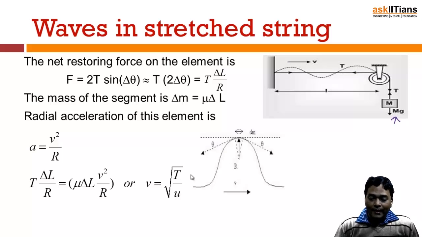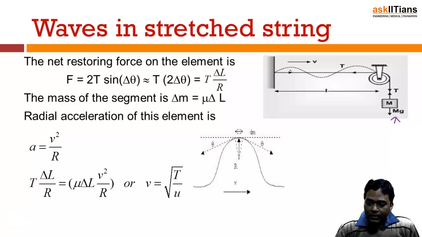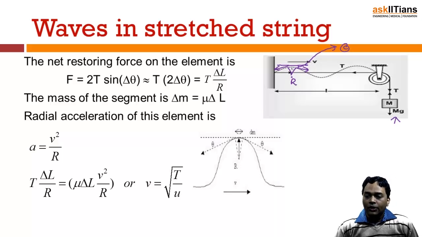If you take an angle at any point on this particular string, you take a point here, you take a point here, and take directions like this, right? With respect to the horizontal, these angles will be equal to theta. Further, the velocity is moving towards the right, you take this particular point.